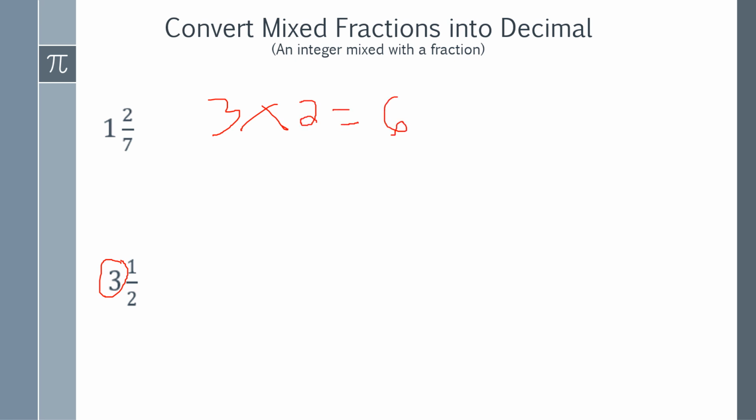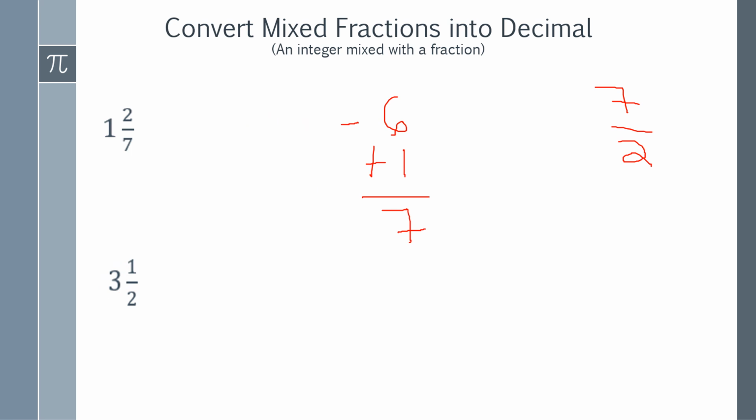And then we add the numerator, which is 1, so 6 plus 1. This will give us our numerator for our improper fraction. So we have 7, and the denominator is going to stay the same as the original denominator in the mixed fraction, and that's going to be 2. So our improper fraction is now 7 over 2, or 7/2.